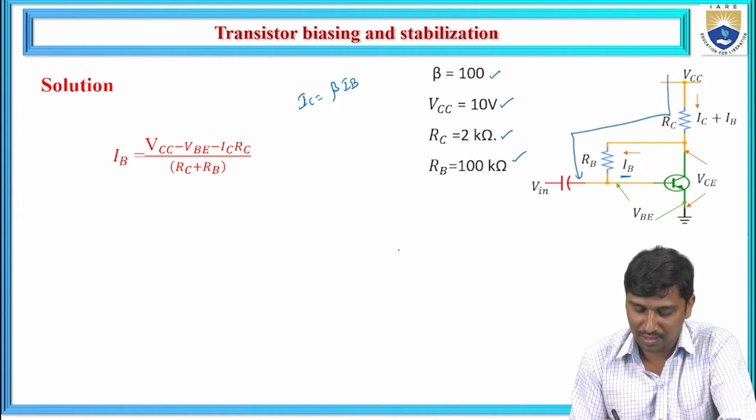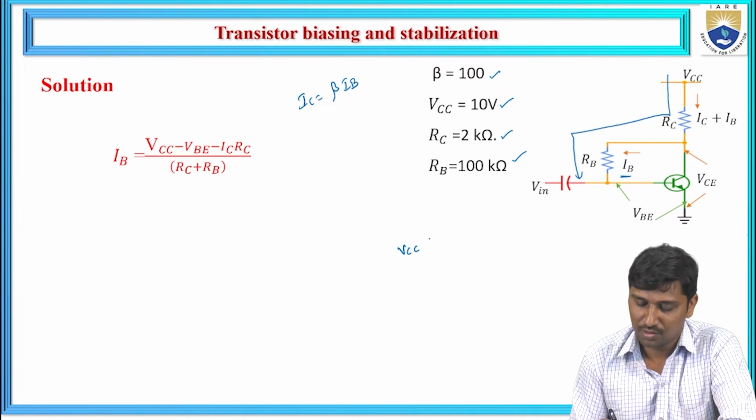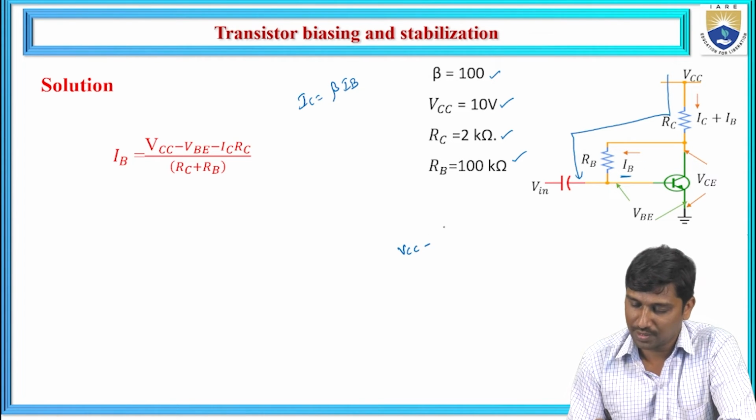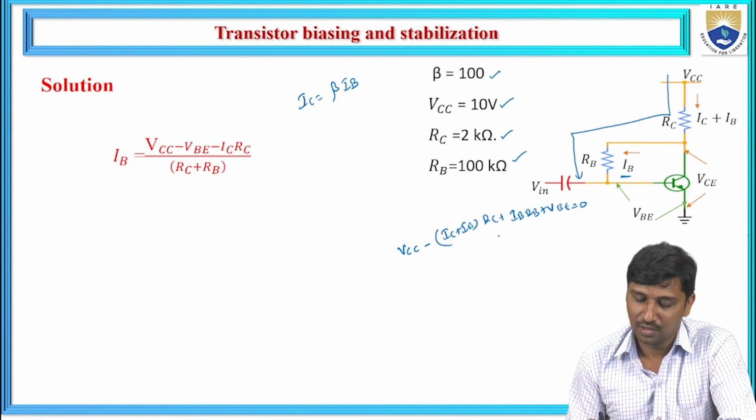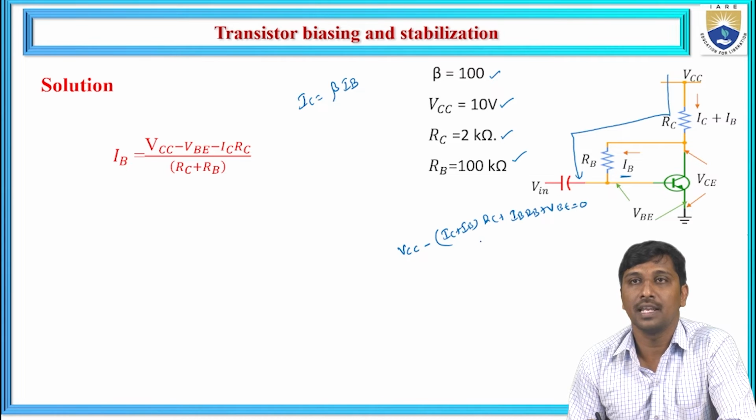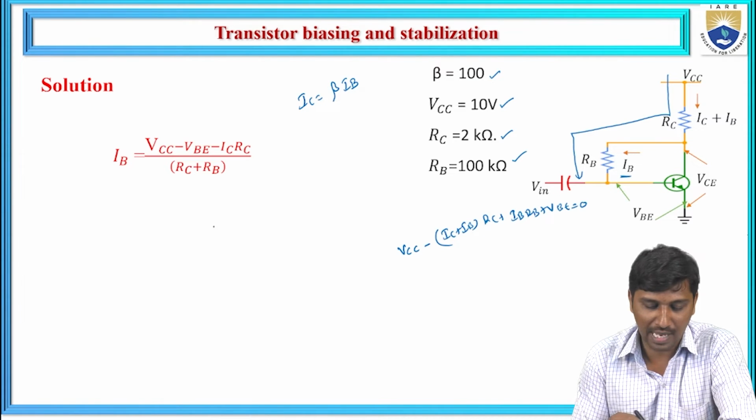So how to write this: VCC minus the voltage drop across this, which is (IC plus IB) times RC, plus again IB current flows across this, so IB times RB, plus VBE, that is equal to 0. So by using this relation, now we can simplify this IB.